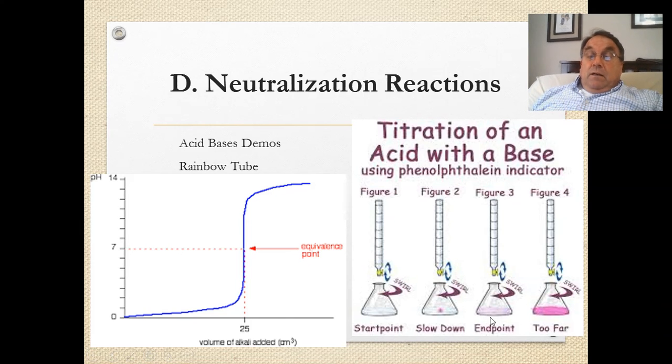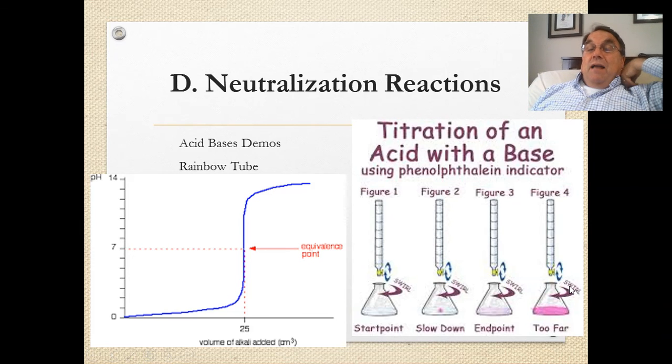You're going to ask yourself, hey, is that pink or is it clear? And then you'll add one more drop, and just one tiny drop, boom, and it's too far. The nice thing is 1 drop is just a fraction of a milliliter, like a half of a tenth of a milliliter. So the burette is a super precise instrument.